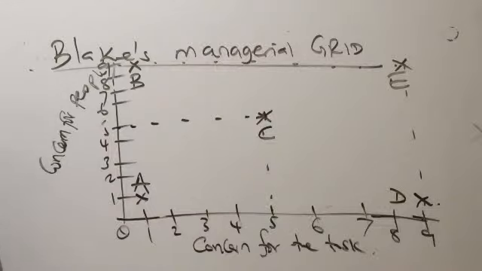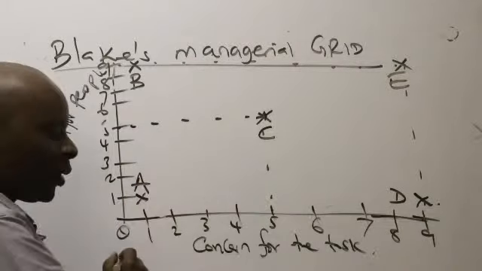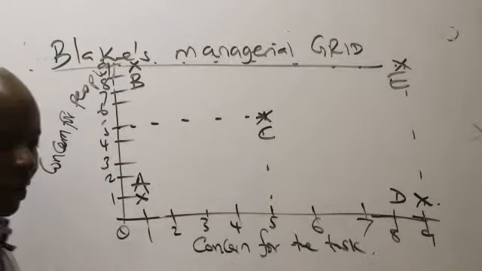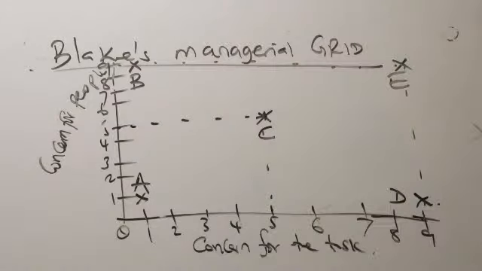So who is manager A? What characteristics does he exhibit? This one we call the impoverished style. So A is the impoverished style. Let me try to zoom my camera for me to get a space to write.